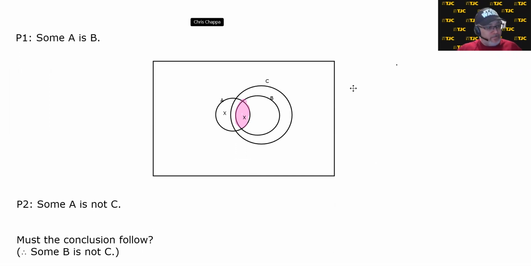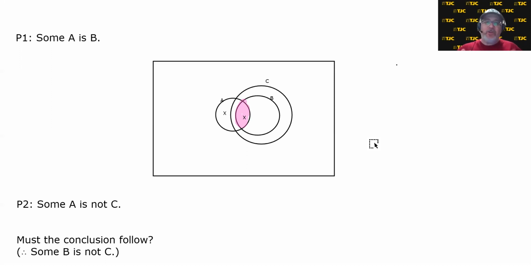That some B is not in C. Well, let's get rid of circle A for a second. And this guy. Does this satisfy the conclusion? No. For some B to not be in C, B would have to escape circle C, but that didn't happen here.